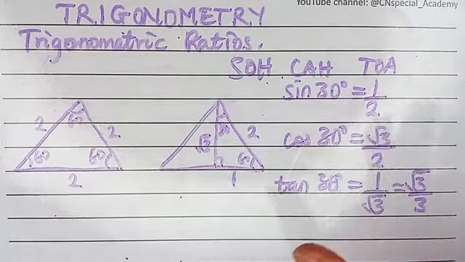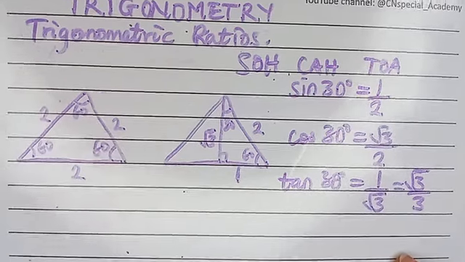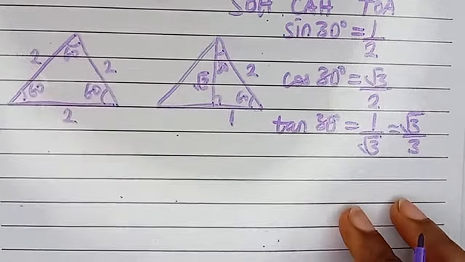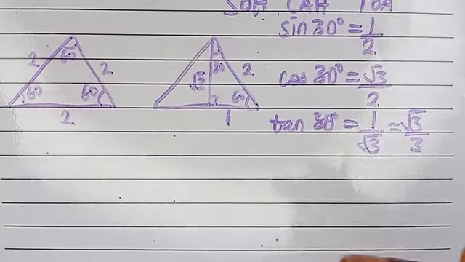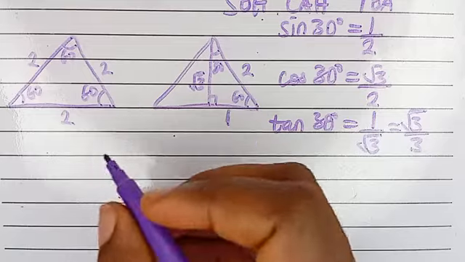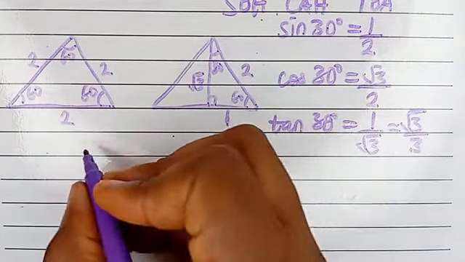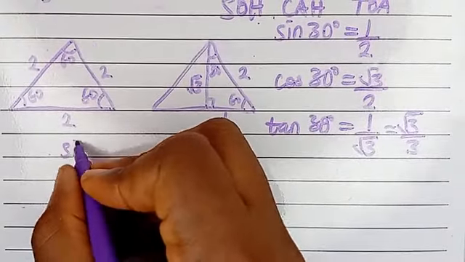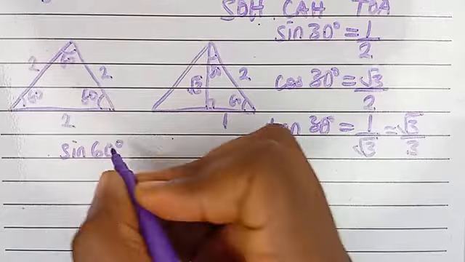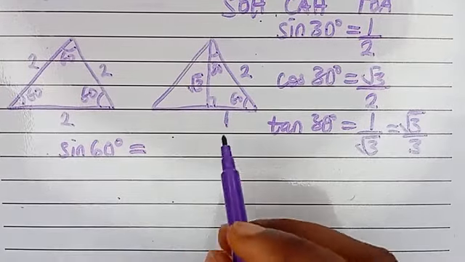Okay, so let's look at the trigonometric ratios for 60 degrees. Sine 60 degrees is equal to opposite over hypotenuse.